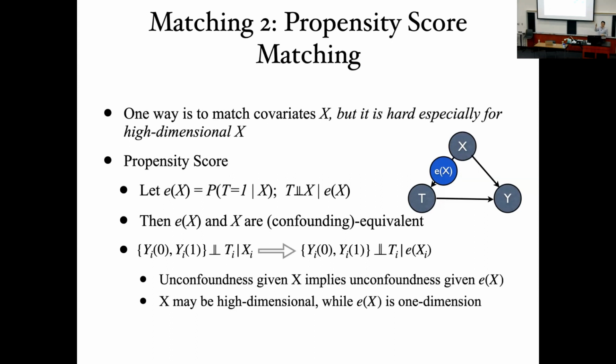Even if T is continuous, when we do regression, what do we want to achieve? Suppose you regress T on X. What do you want to achieve?